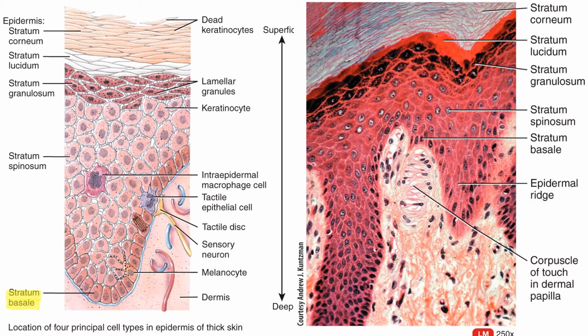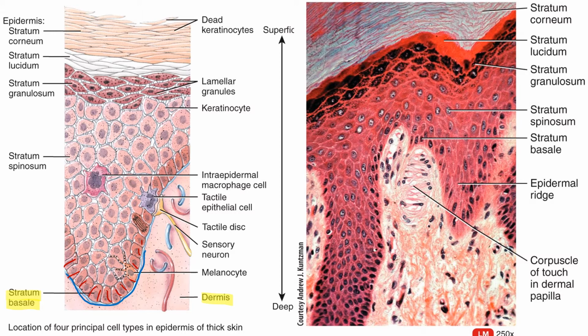This is composed of a single layer of cuboidal or columnar keratinocytes. Here we can see that blue basement membrane separating the epidermis from the dermis. And we have this single layer of cuboidal or columnar keratinocytes here. So just one layer here.